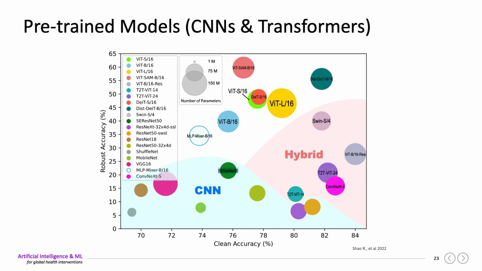The important finding is that vision transformer variants, particularly the ViT and hybrid families in the upper region, tend to achieve higher robust accuracy than pure CNNs at comparable clean accuracy. In other words, transformers are not only accurate on clean data, but also comparatively more resistant to adversarial attacks, which is a meaningful property for safety-critical medical applications.